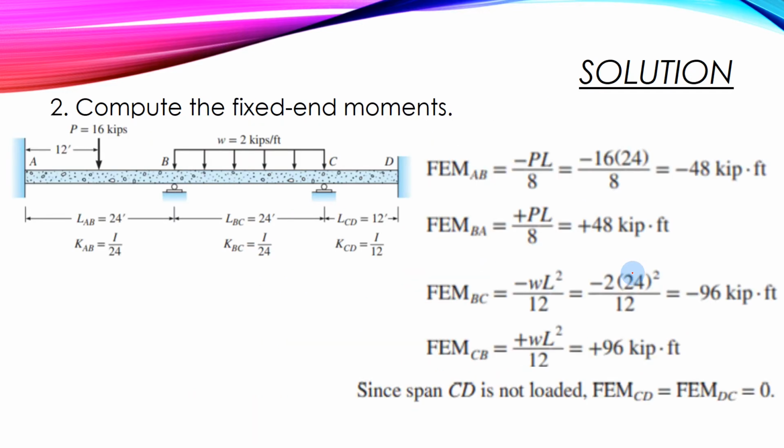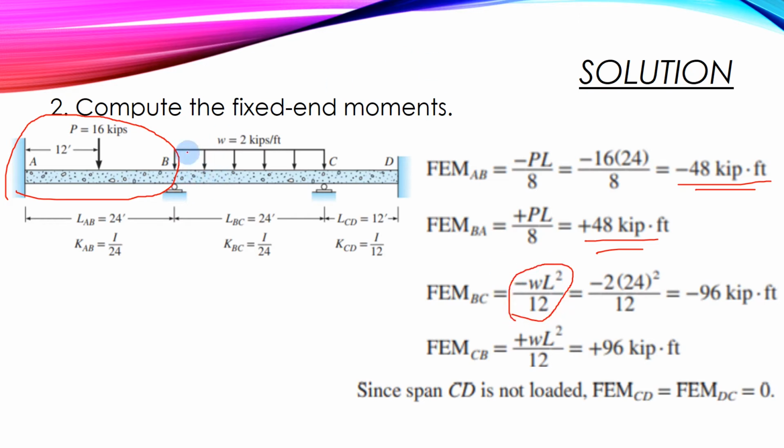So next is the fixed end moments. I think you are somewhat familiar with this. These are the fixed end moments for AB. PL over 8, since the load is a concentrated load at the center. So PL over 8, what we got is negative 48 on the left side, and positive 48 on the right side. Then for BC, this is the formula for uniform load fixed end moments.